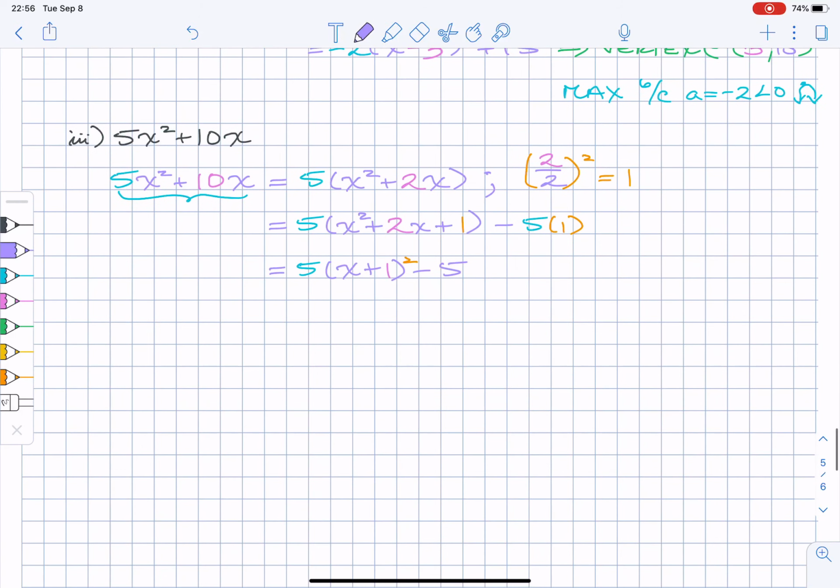So my vertex will be at h comma k. Remember, counterintuitive for h, so that's negative 1, and intuitive for k, so that's negative 5. And I know that this is going to be a minimum because a, which is 5, is greater than 0. So I know it's a U shape, so that's a minimum.